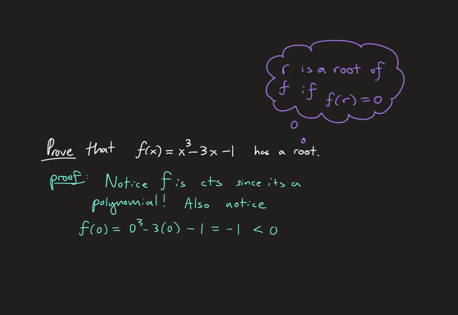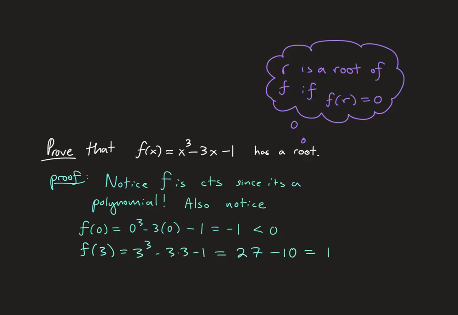Well, here's what we just showed. This function f is below the x-axis at 0. And let's try f of 3. That's going to equal 3 cubed minus 3 times 3 minus 1, which is equal to 27 minus 10.